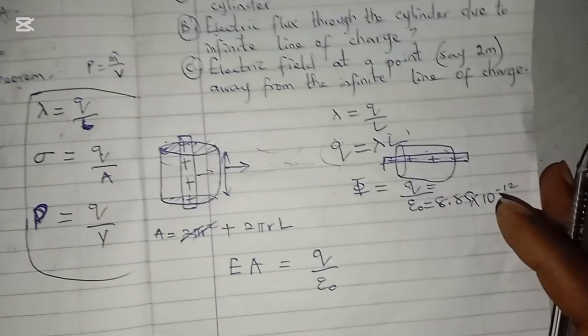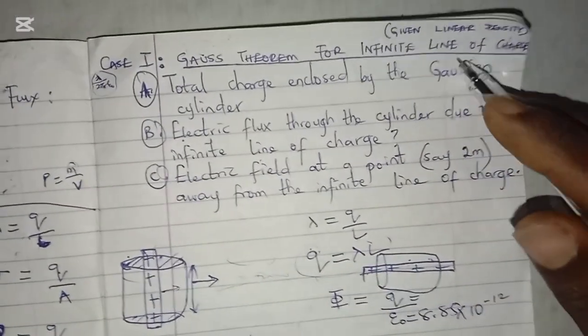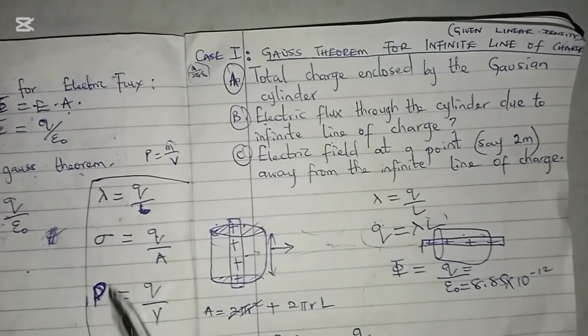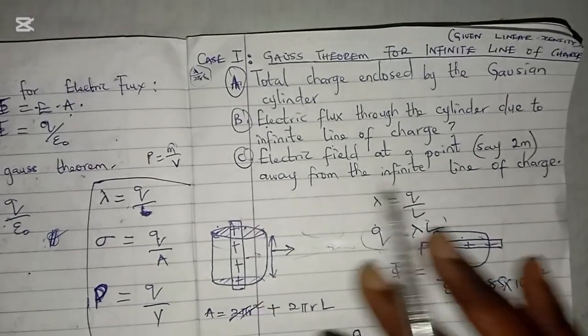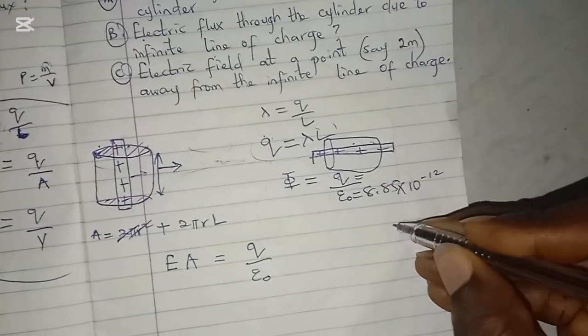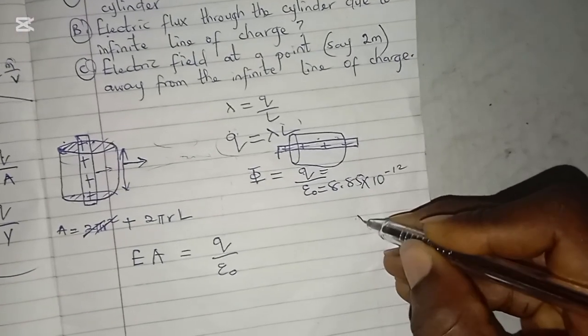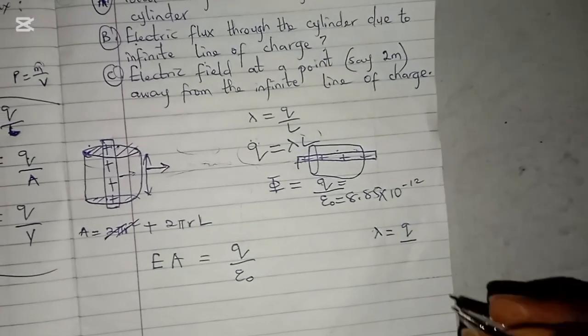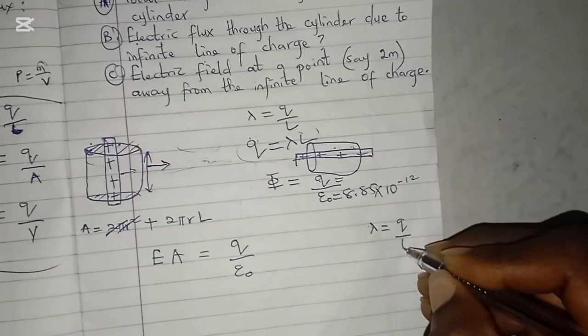First of all, I need to go back and see my charge. Since I am given linear density, I keep saying given linear density or given surface density, because these three things are important. The one you are given determines what you do. So given linear density, remember that linear density is represented this way, charge all over length.